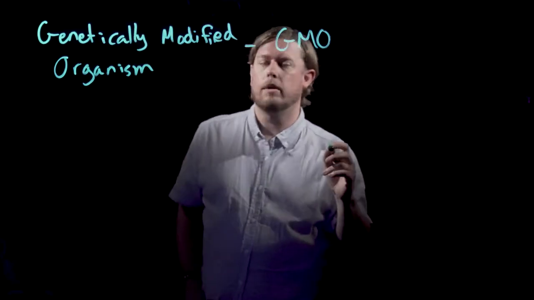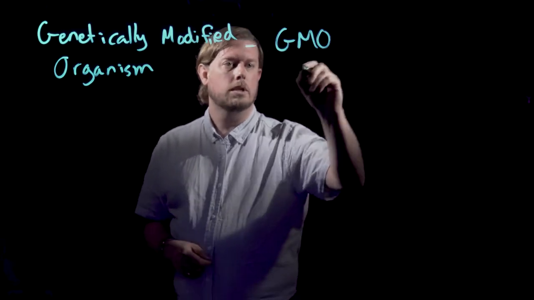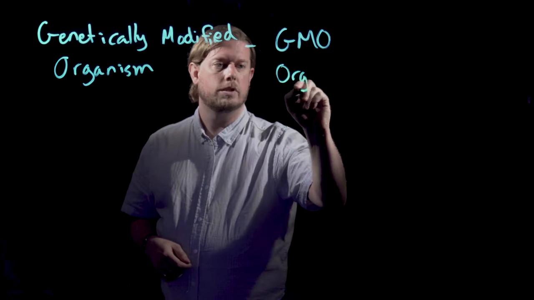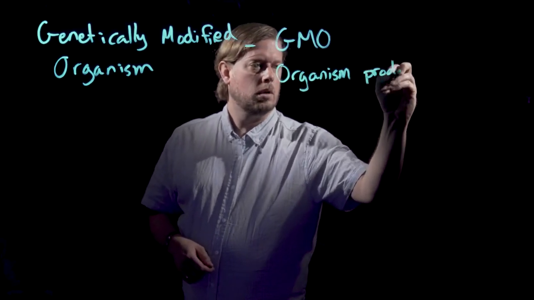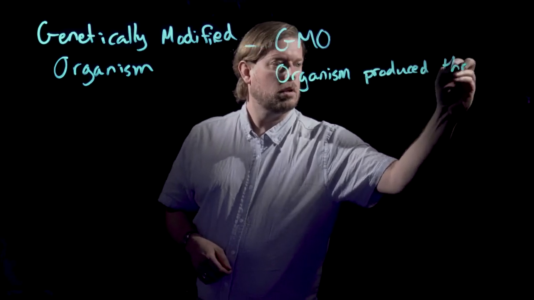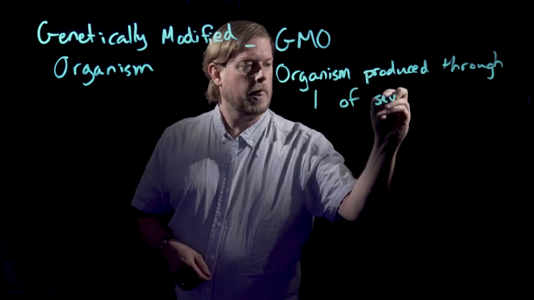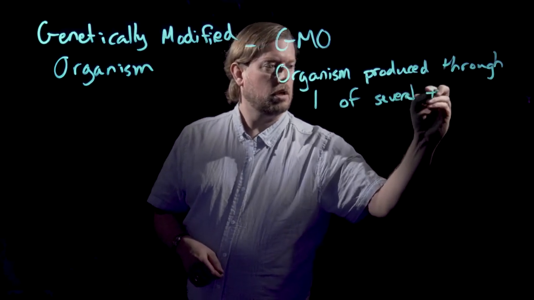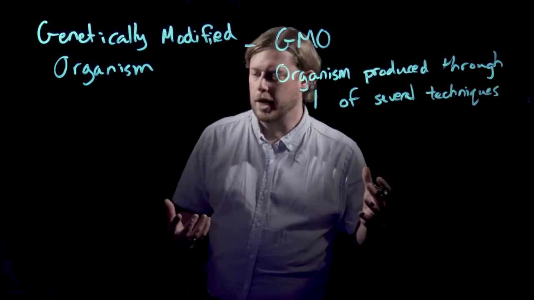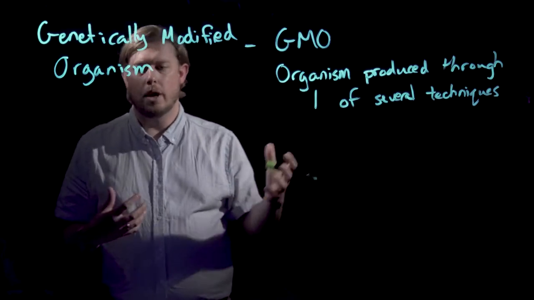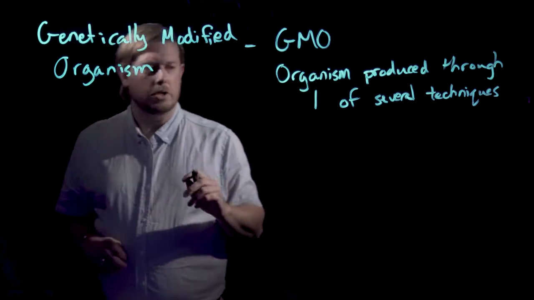Now, a genetically modified organism is broadly used to refer to any organism that's produced through one of several different genetic engineering techniques, and commonly is used to reference organisms that have DNA or genetic material that is not naturally found within that species.